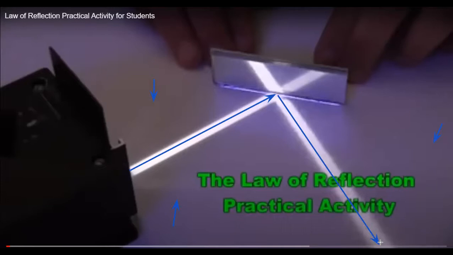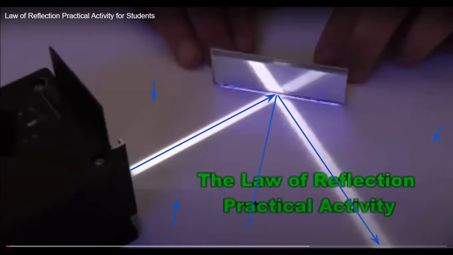Okay, right. If you draw a normal here, you would draw the normal from the point of incidence in this manner. Am I right?